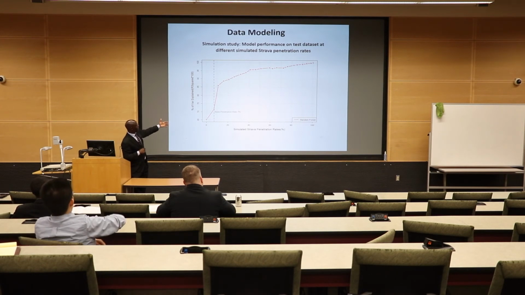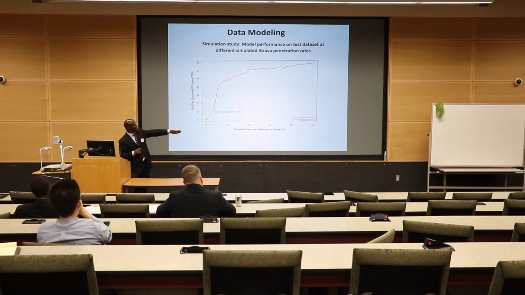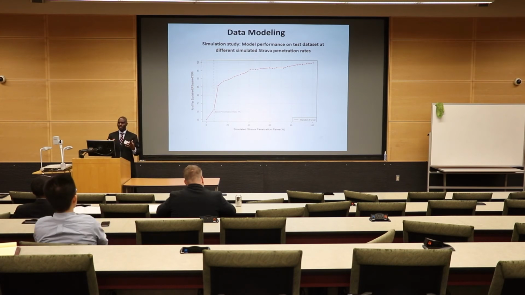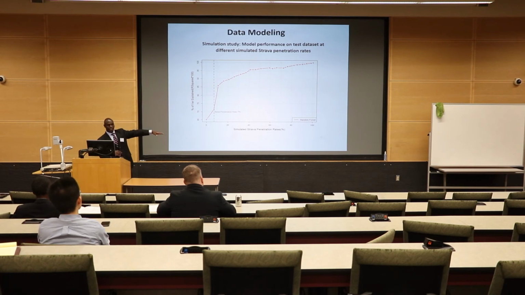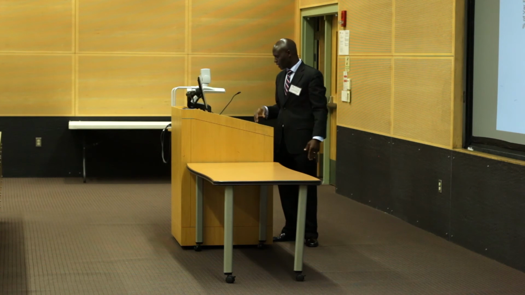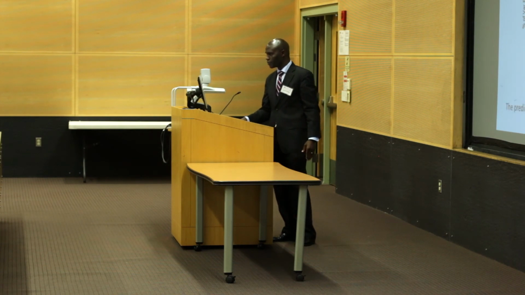For example, if we happen to have, say, 100% of Strava data, meaning that everyone who is riding a bicycle is using Strava app, and we can get that data, obviously we can actually know how many people are riding easily. So that's what this graph is showing, that whereas the penetration rate increases, the data from fitness app become more usable actually. They help predict the number of cyclists in the future.